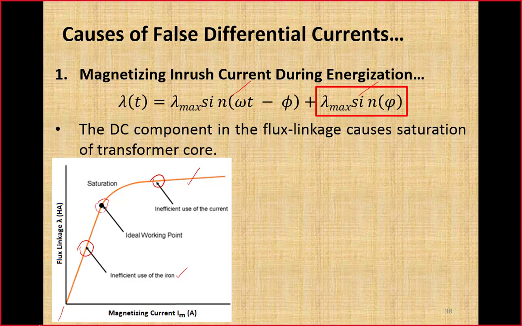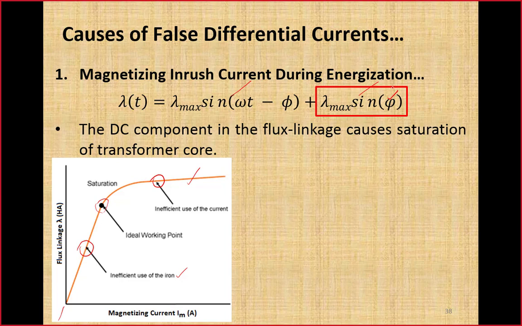Now I hope that you have got the idea of what happens at the time of energization. Due to this DC component, the transformer core gets saturated either in the positive direction if this DC component of flux is positive, or in the negative direction if this DC component is negative. Which factor will decide whether this DC component is positive or negative? Here, this angle phi.